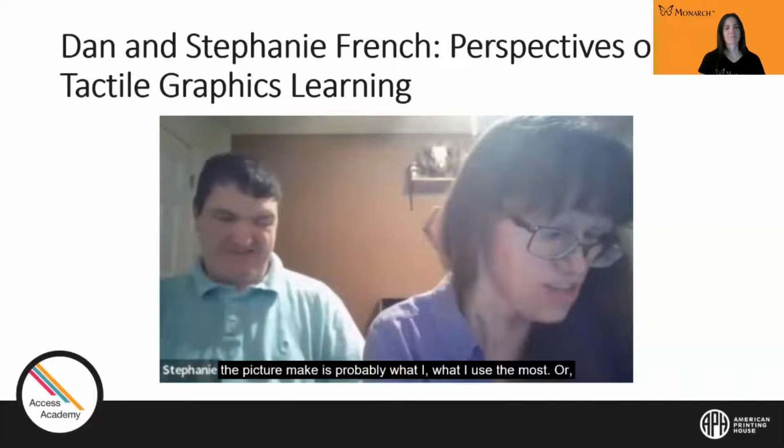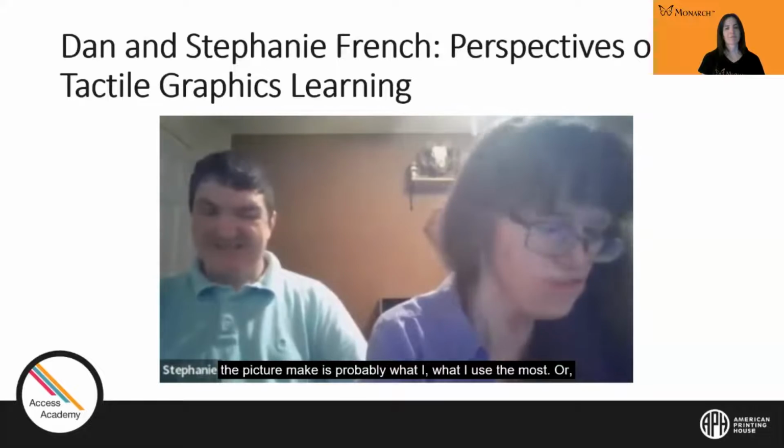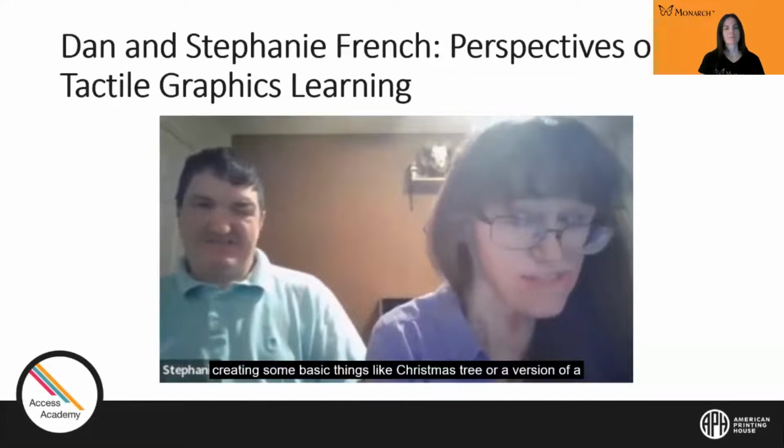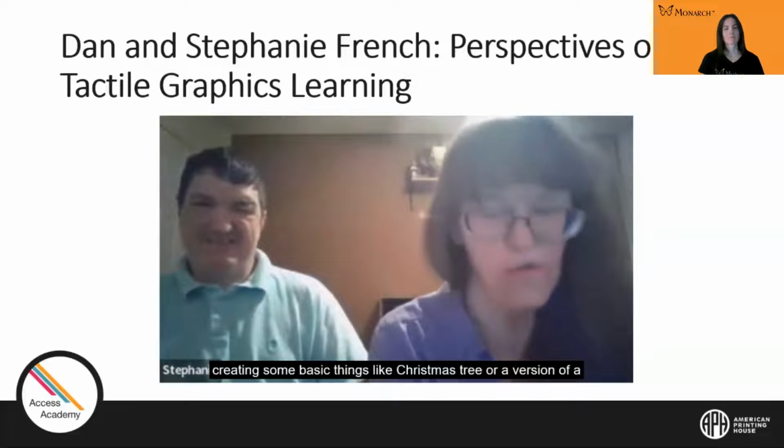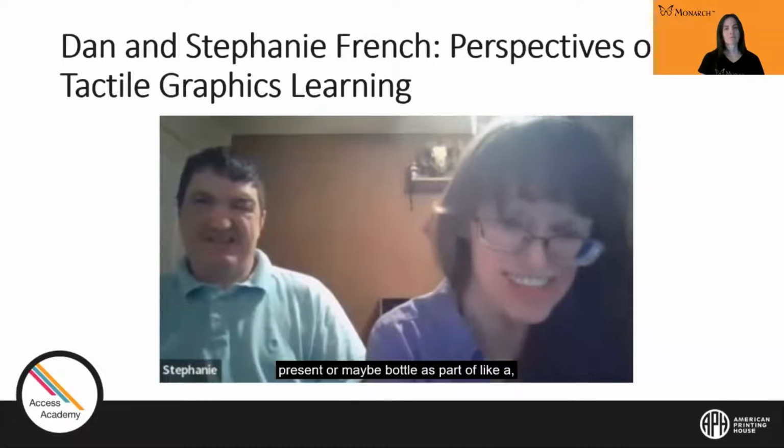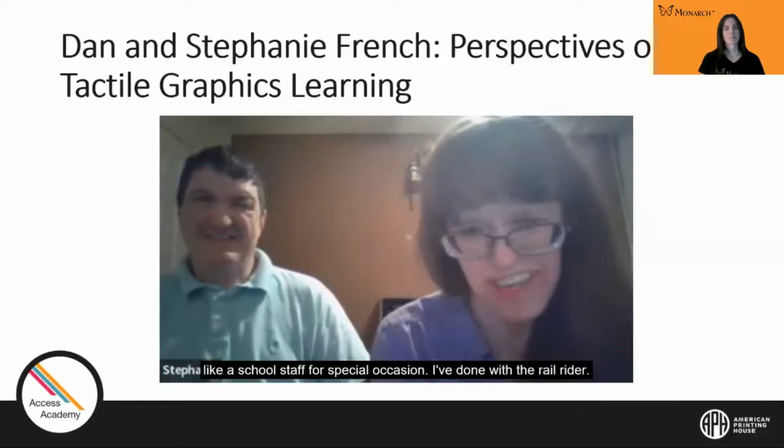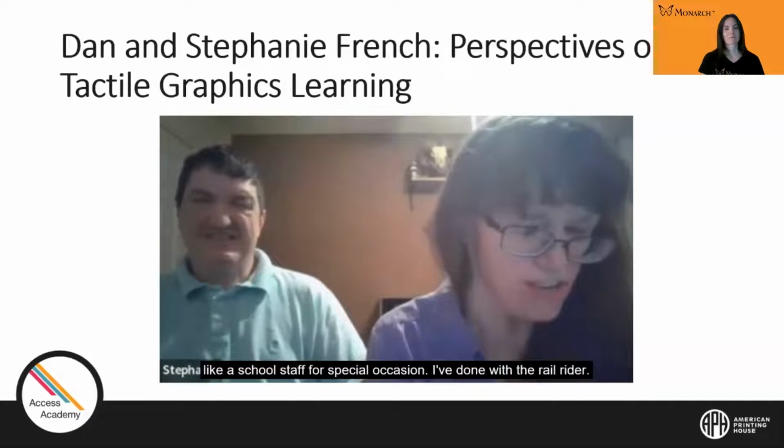If I am creating it for the students, then the picture maker is probably what I use the most, or creating some basic things like Christmas tree, or a version of a present, or a baby bottle as part of like a card or something to give to a school staff for special occasion. I've done that with the Braille writer. I like the electronic, trying to do the embossed electronically.